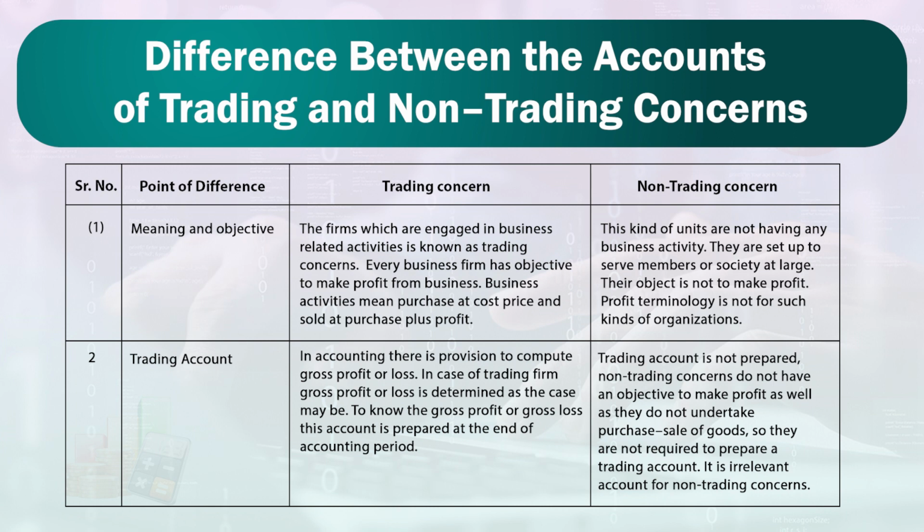While in case of non-trading concern, trading account is not prepared. Non-trading concerns do not have any objective to make profit, as well as they do not undertake purchase, sale of goods. So, they are not required to prepare a trading account. It is irrelevant account for non-trading concern.